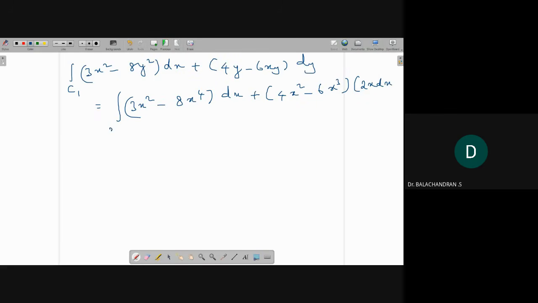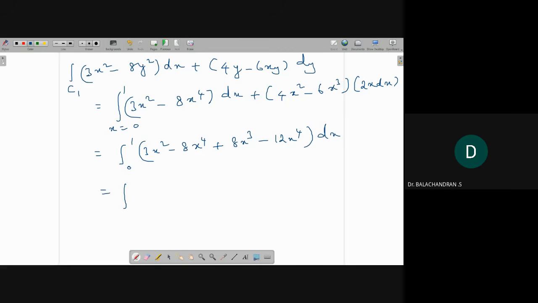And we know that x varies in C1 from 0 to 1. Now simplify, 0 to 1: 3x square minus 8x power 4 plus 8x cube minus 12x power 4, into dx.